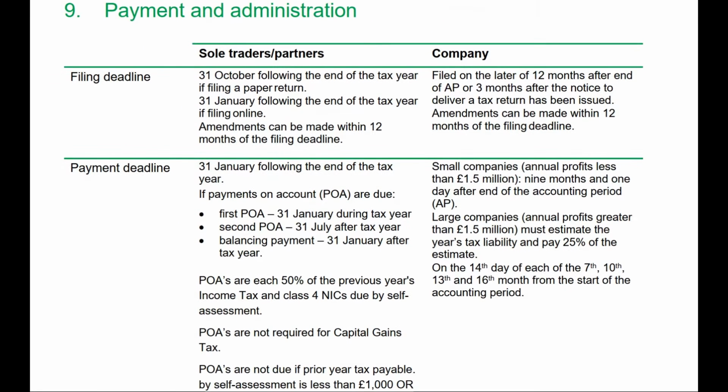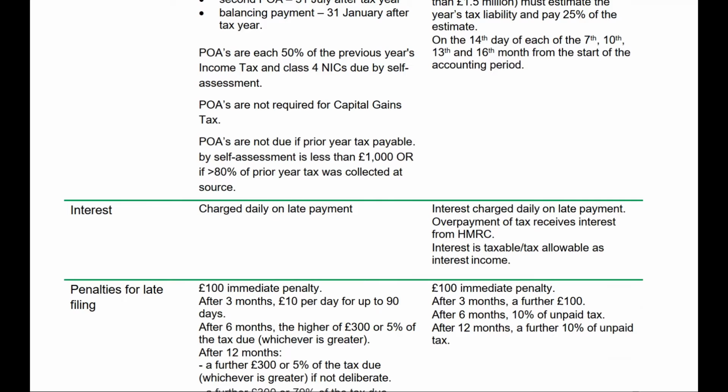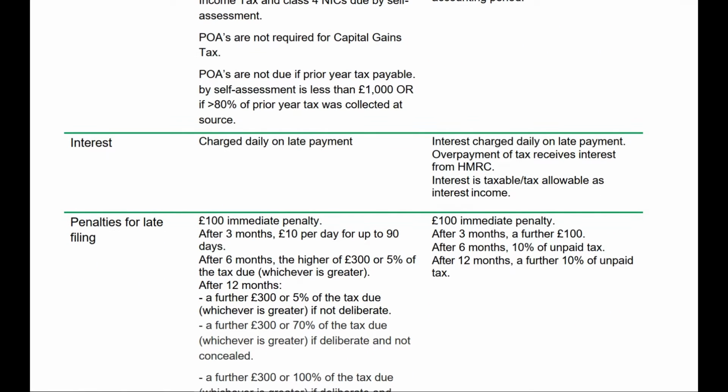And I've got it up on the screen here where you can see that we have the deadline for filing of our tax return, split between unincorporated businesses, so sole traders and partners, and then incorporated companies on the right. We have payment deadlines, which tells us how we're going to pay and when we're going to pay. Details on interest, of course, if we don't pay on time.